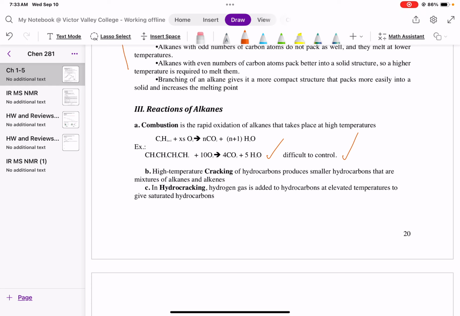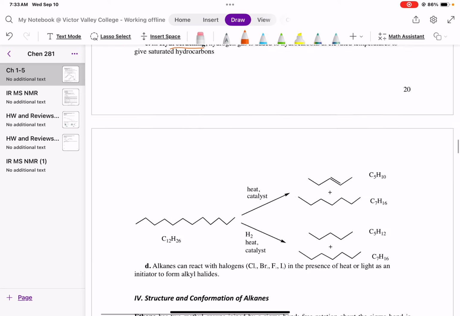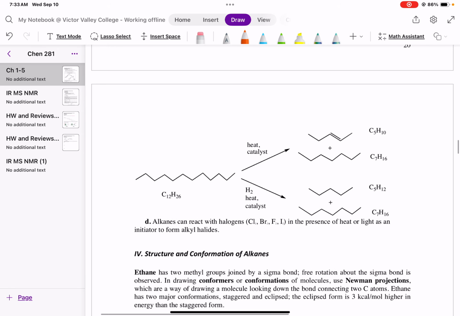Now, cracking means breaking it apart. And there's two different kinds: cracking without hydrogen and cracking with hydrogen, that's hydrocracking. If you have a big alkane like 12 carbons, double 12, that's 24, plus 2, that's 26. You want to break them apart into smaller alkanes, sometimes more useful, like to make a gasoline mixture, for example.